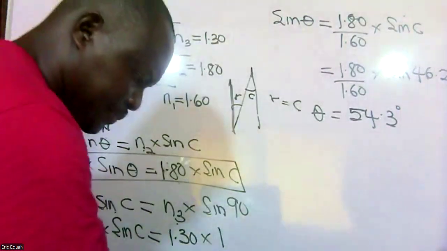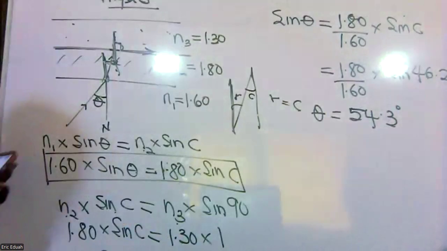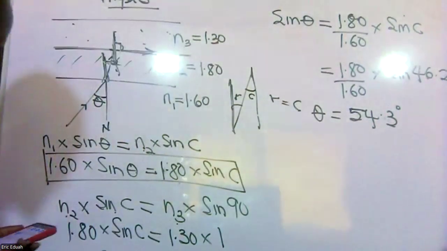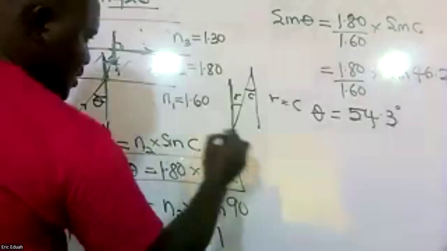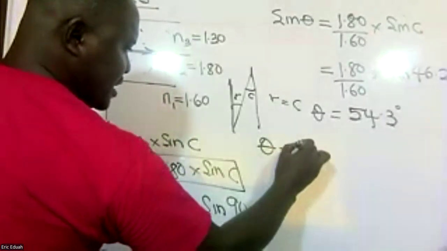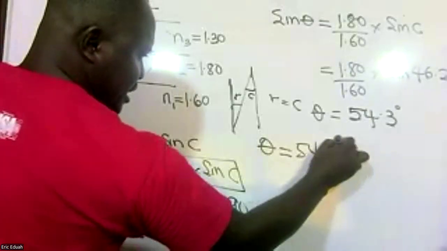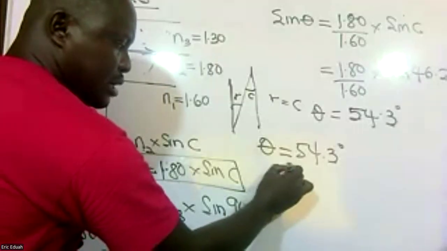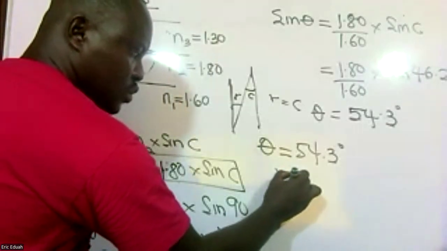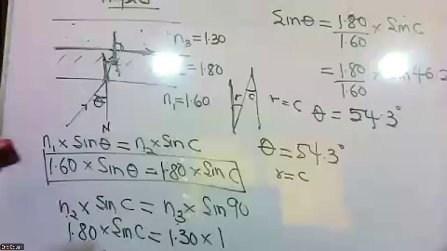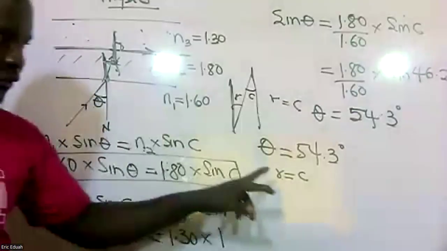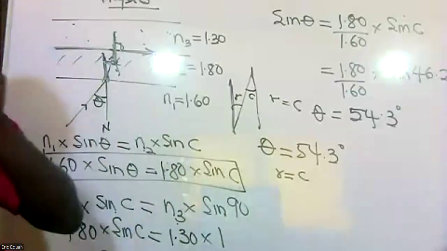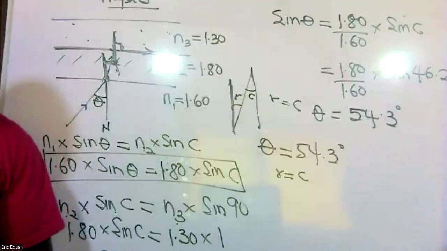If theta is decreased, is there refraction of light into material 3? The value of theta is 54.3. Decrease it, calculate for R. Don't forget R is also equal to C. The value of R or C will determine whether there will be refraction or not.